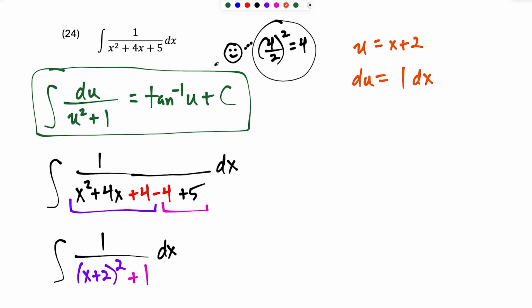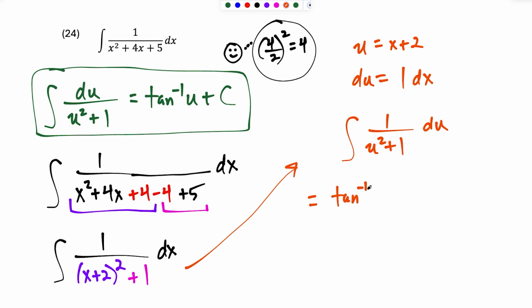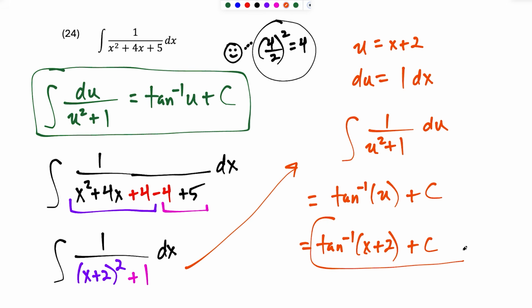So when I make the substitution, I'm going to have the integral of 1 over u squared plus 1, and then dx I could just replace with du. And now this is just matching the formula. We're going to have tangent inverse of u, and then plus c, and then I just have to plug in for u. I get tangent inverse of x plus 2, and then I just tack on plus c at the end, and here is our antiderivative.